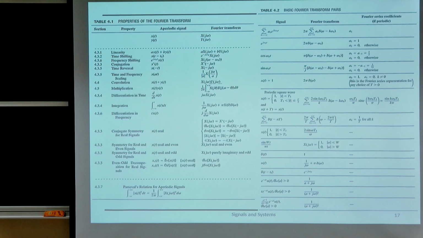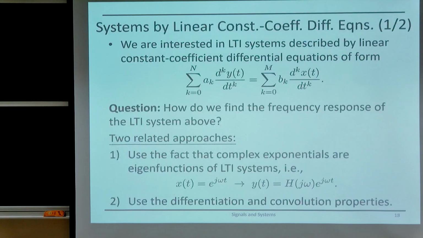Now, one last thing I want to talk about for this chapter is applying this analysis for linear time invariant systems on a specific type of systems that can be described by linear constant coefficient differential equations. We talked a lot about this in the previous chapters as well.